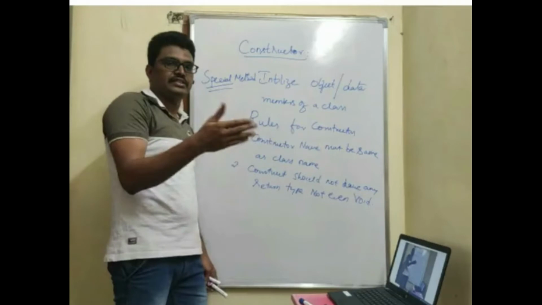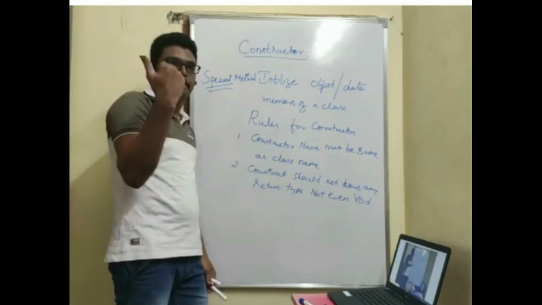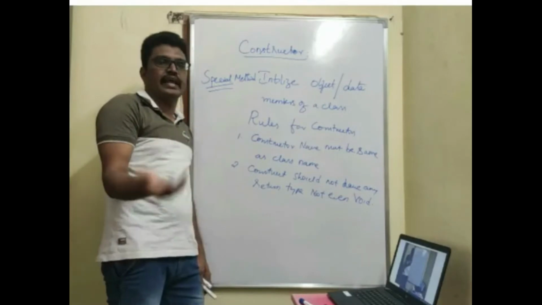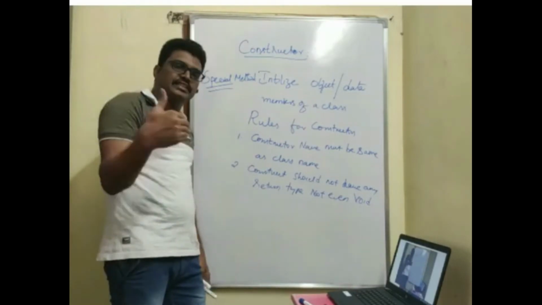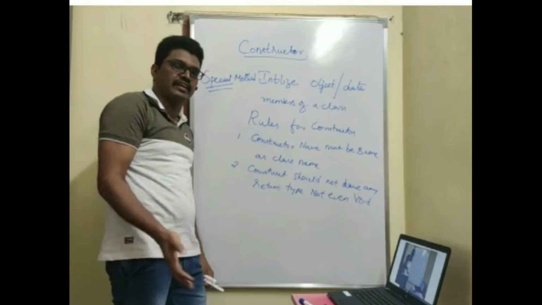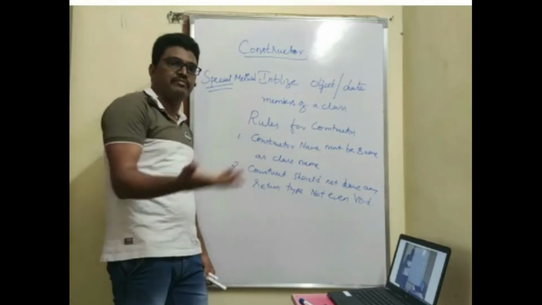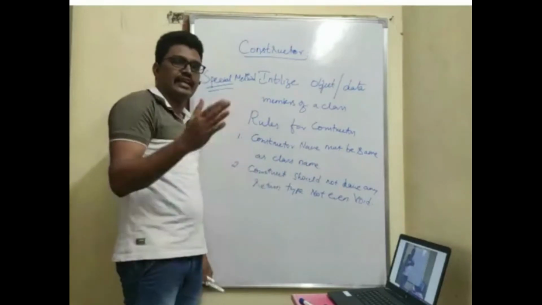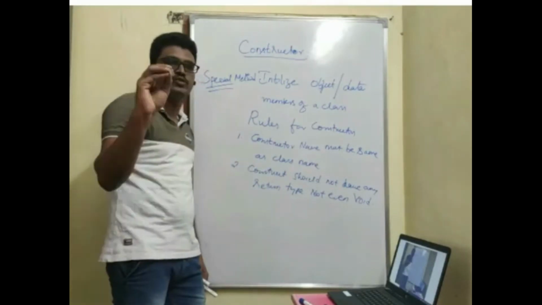If the method is returning an integer value, we specify the return type as int. If it is returning a character, we specify char. If it is returning a string, we specify string. If the method is not returning anything, we specify void. But here, we don't specify any return type. We should not even give void.